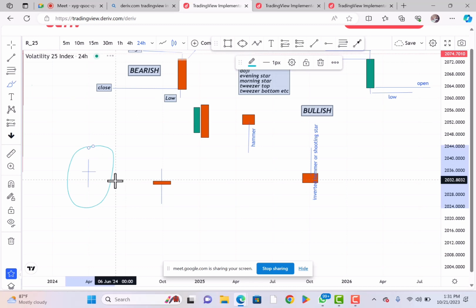You have to wait for another candle to form before you can make your conclusion. If the next candle that forms is bearish, it means that the bears have won the battle. If the next candle that forms is bullish, it means that the bulls have won the battle.